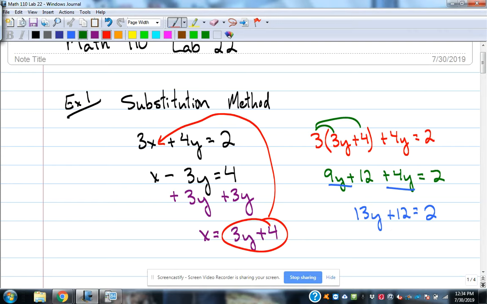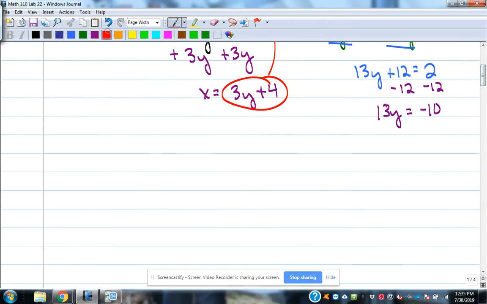So we're going to subtract 12 from both sides. And when we subtract 12, we get 13y equals negative 10. And then divide by 13 is the last step. We get a fraction, y equals negative 10 over 13.